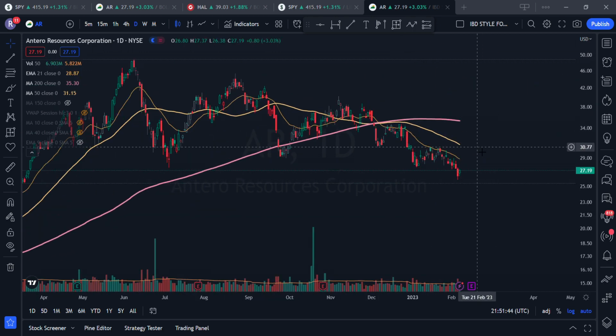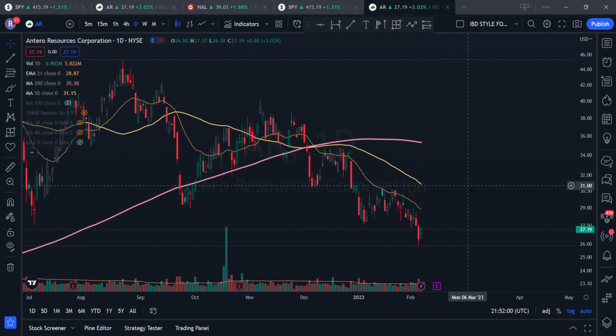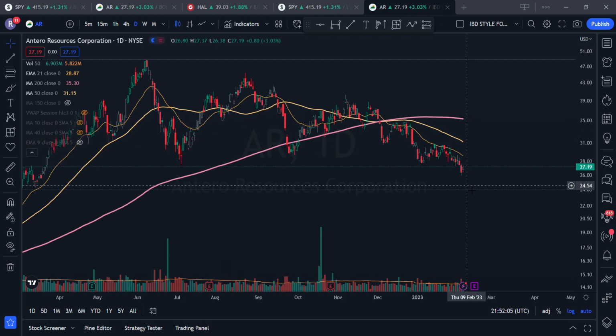Your 50-day is below the 200-day moving average, and your 21 EMA is below the 50-day moving average. And these moving averages are also pointing downwards. This is just an ideal scenario. All stocks do not behave like this.